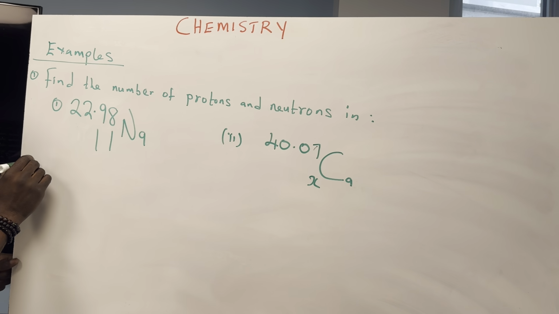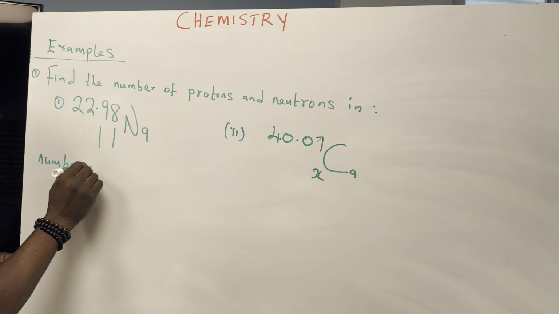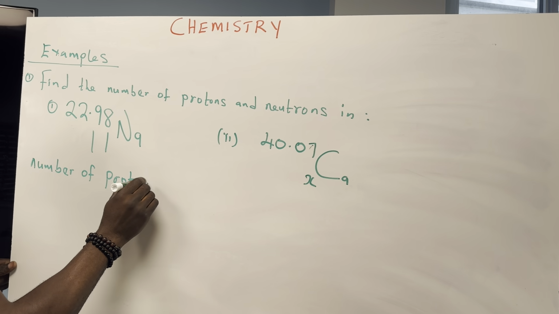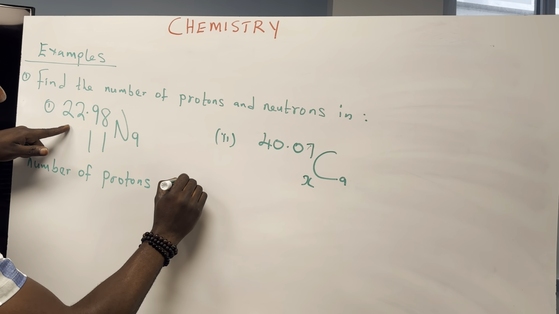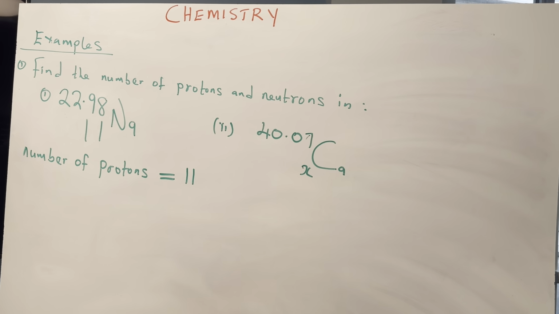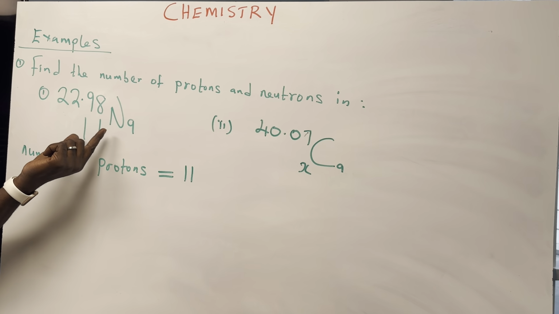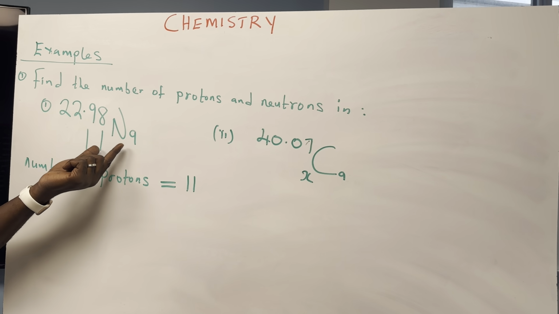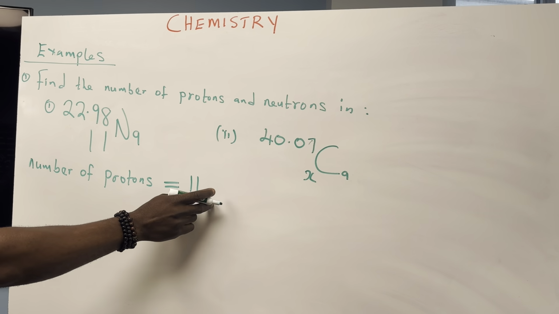So here, the number of protons in this particular question is 11, because we've already said that the atomic number of an element is the same thing as the number of protons. So here, the number of protons is 11.